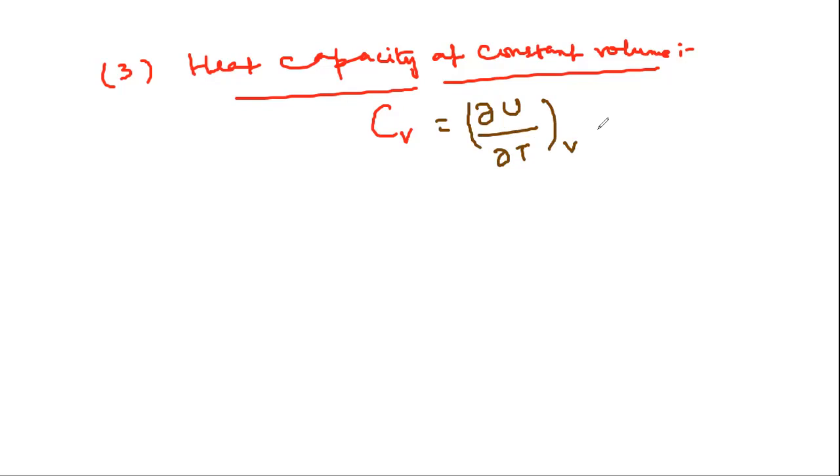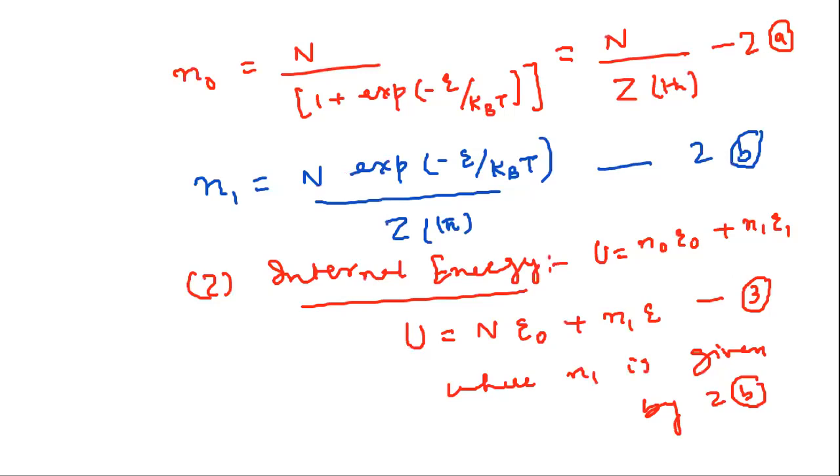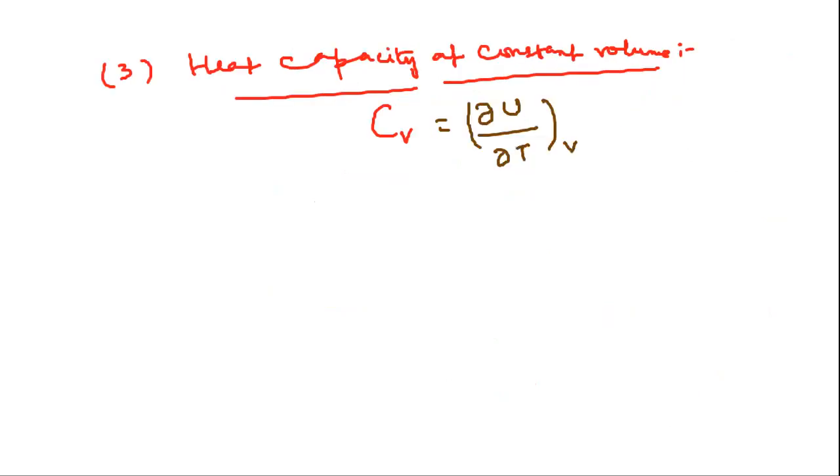So when you do it, remember your U is given by equation 3, where N1 is to be replaced by the expression in equation 2b. Then when you differentiate it partially with respect to temperature at constant volume or constant energy levels, you get this expression. What is the expression? I will write directly.